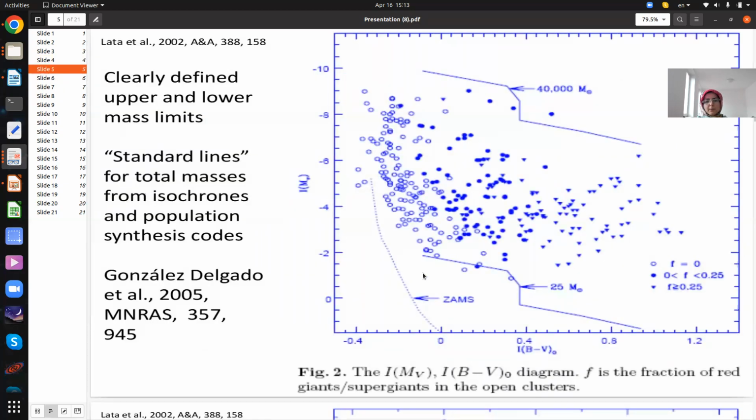Here you see we have a zero age main sequence, and we have these stars that are 25 solar mass, and here stars of 40,000 solar mass. Here you see supergiants, giants, and other stars. And because of luminosity, they shifted in this direction.